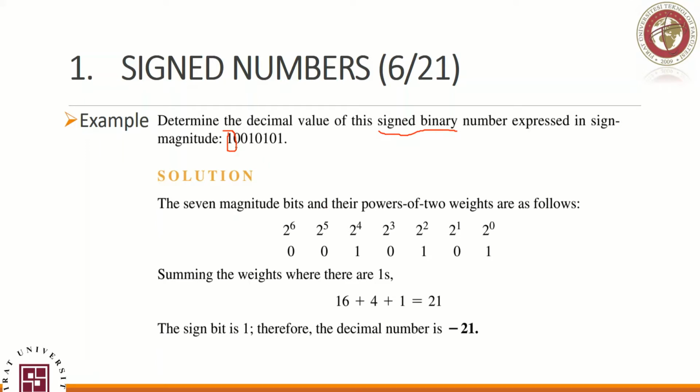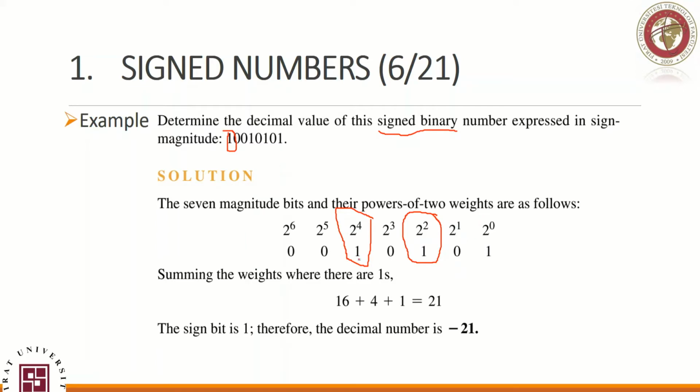Okay, 2 to 6, which is 0. It has no weight, multiplied by 0. 2 to 5, also multiplied by 0. 2 to 4, this one is included. 2 to 3, also 0. 2 to 2, this one is included. And then 2 to 1, one of them I missed while I was counting, also dropped 2 to 0.